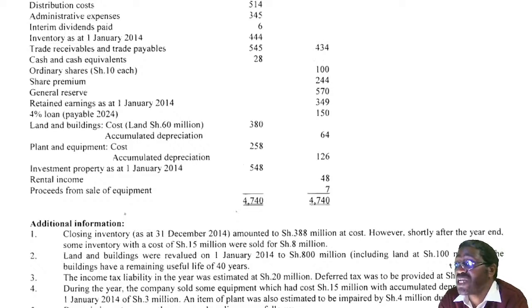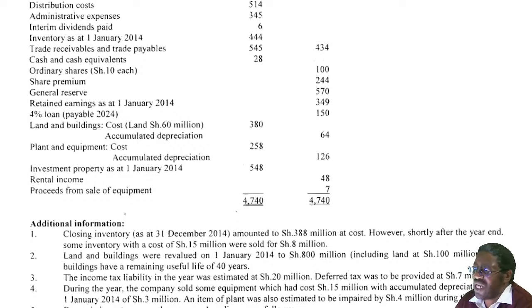What I want you to calculate for me is the gain or loss on revaluation of the building. Note 2 told us building was revalued to 700. When? By January. So by January this year, we shall calculate the gain or loss on revaluation.